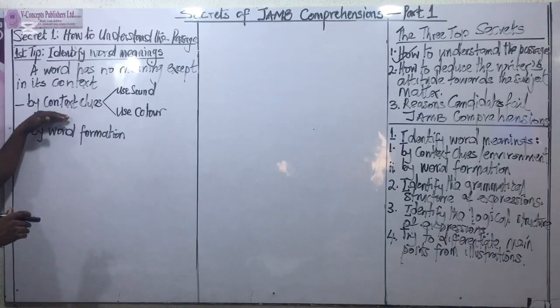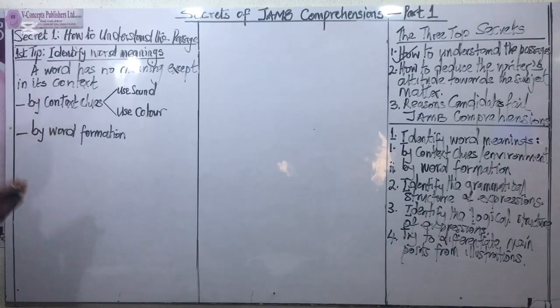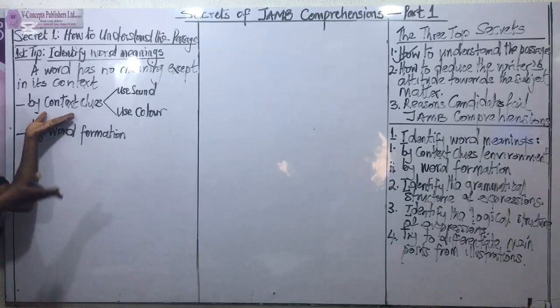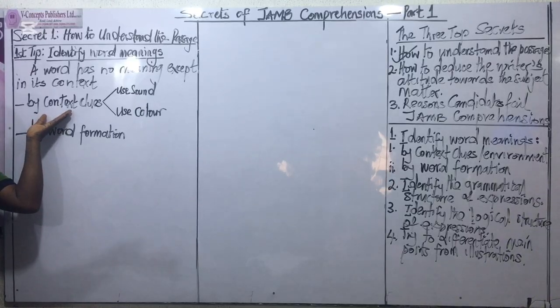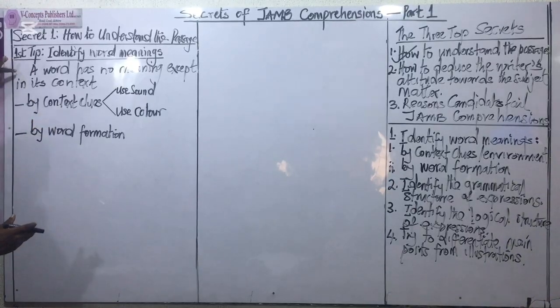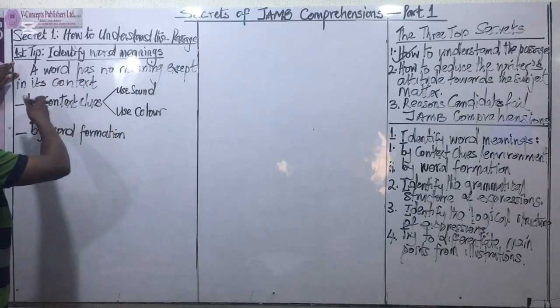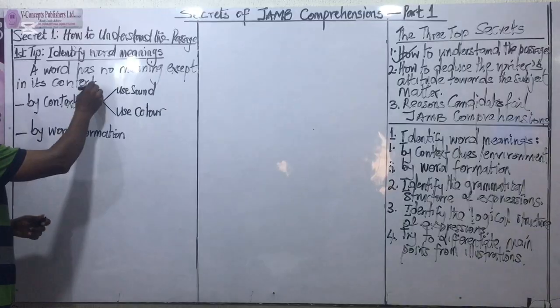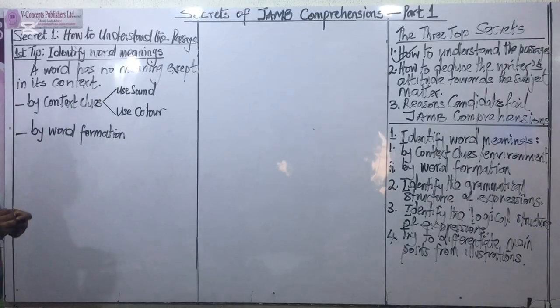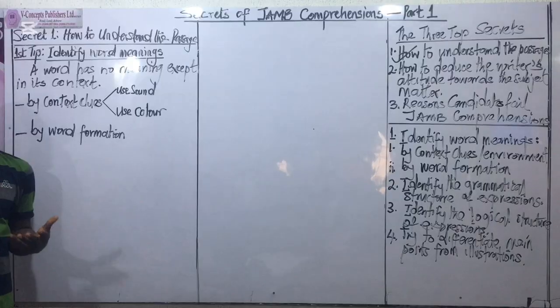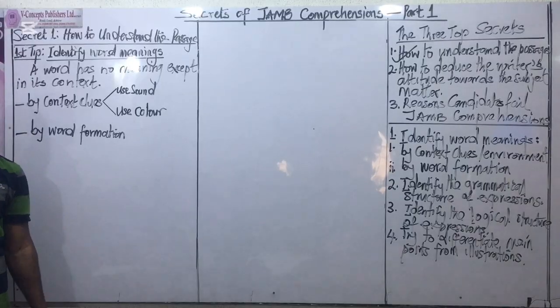And there are two ways you can do that. The first one is by using context clues. And it goes with the understanding that a word has no meaning except in its context. Please don't forget this. So with this understanding, you shouldn't be afraid of any material you're going to ever come across in life.